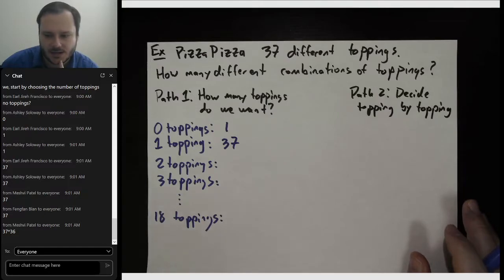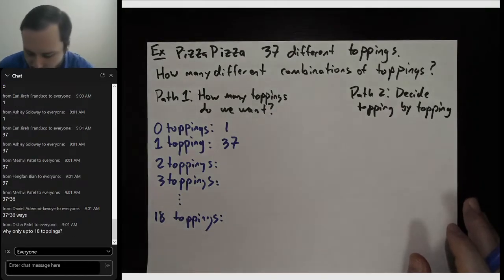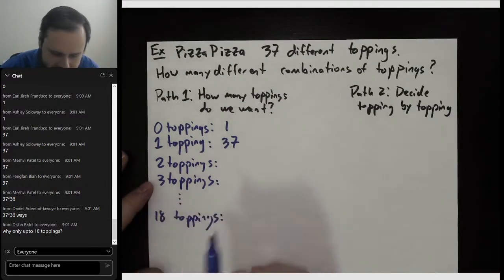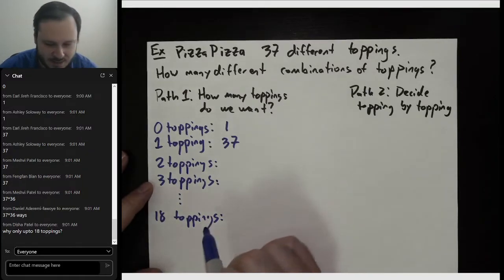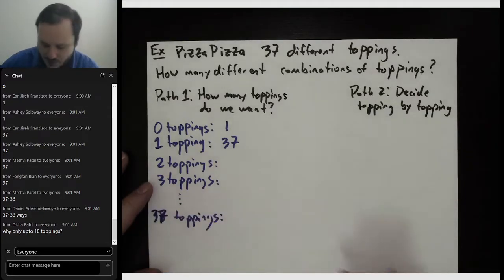Good. Oh, sorry, why up to 18 toppings? Correct. Because there are 18 veggie toppings. So in my notes, I had it going up to 18, but then I realized there are more. Totally correct. Should go all the way up to 37.